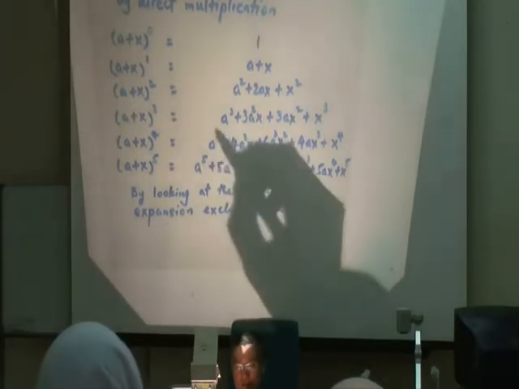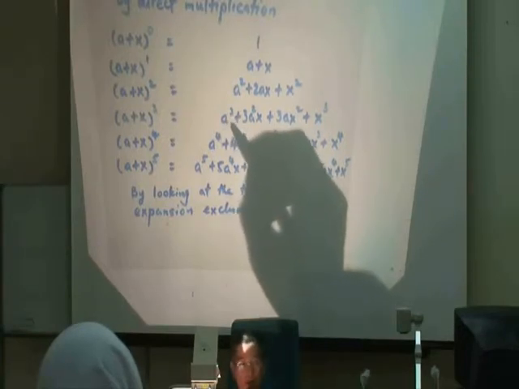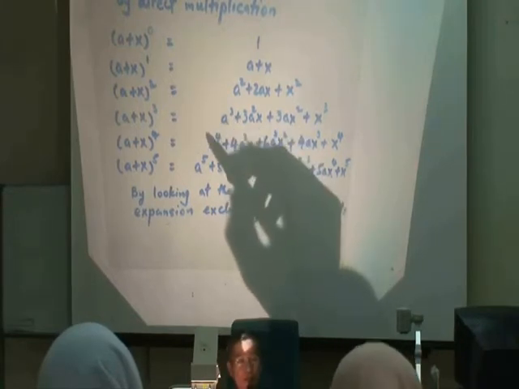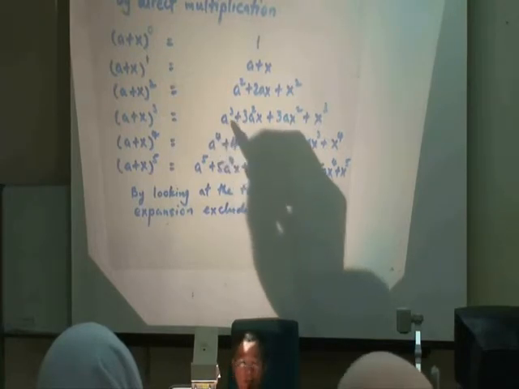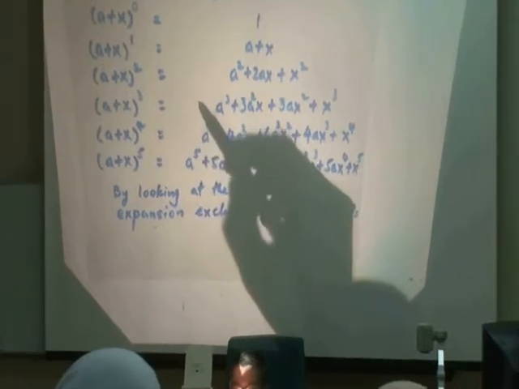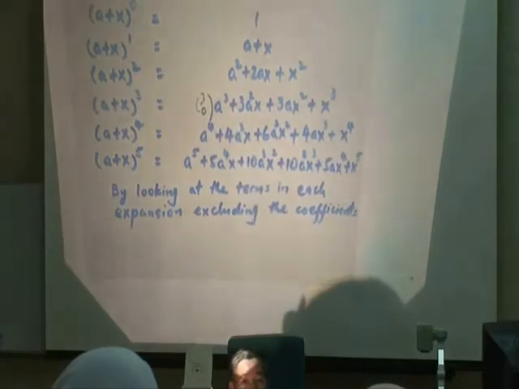Hence, we can take the coefficient as either the combination of a or the combination of x. The combination of a will be 3C3. The combination of x, because there's a 0 x here, will be 3C0. Do you notice that?